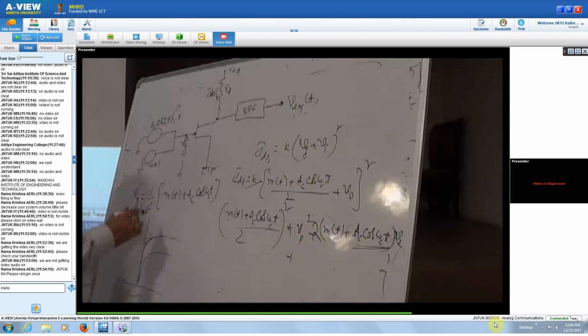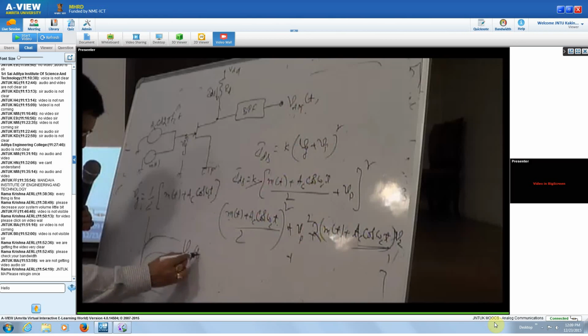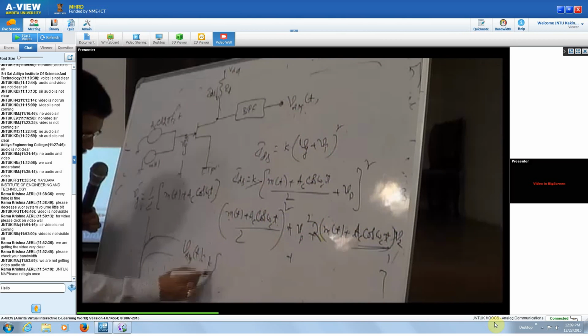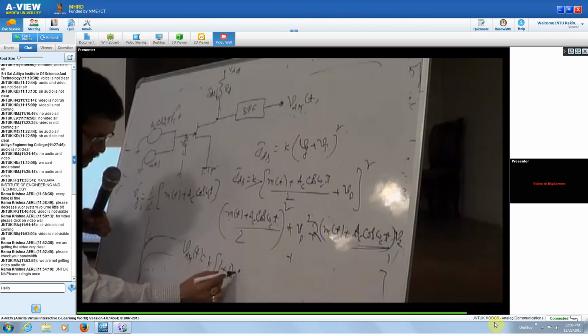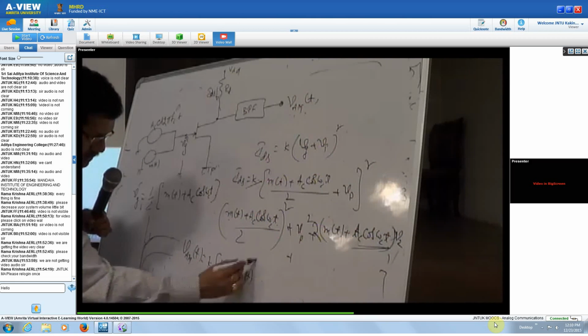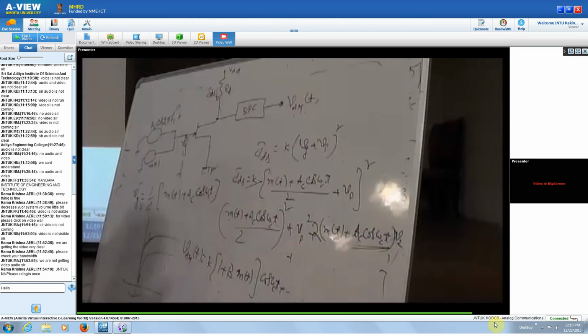So similar to this, we are going to get VAM of t equal to some constant into 1 plus some beta M of t into cos omega ct, plus the higher order terms and the baseband signal also, right?